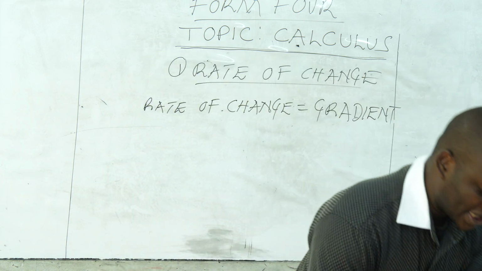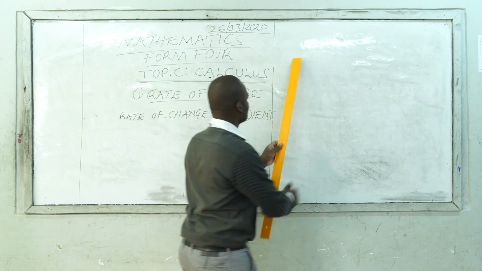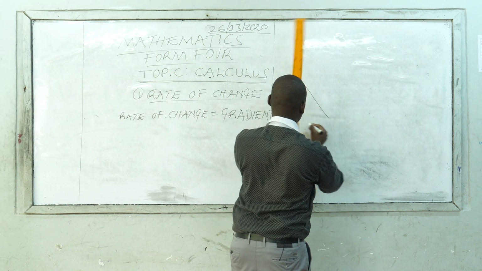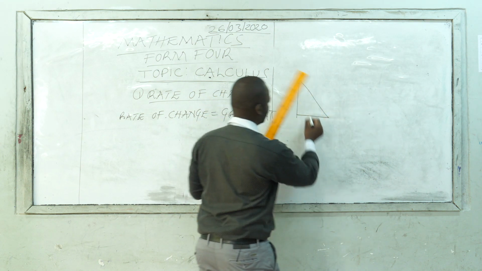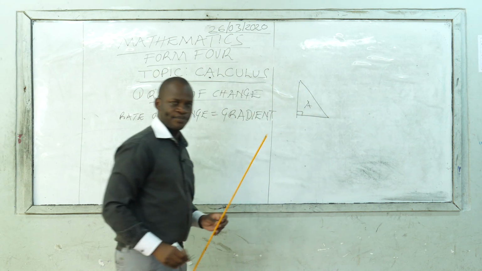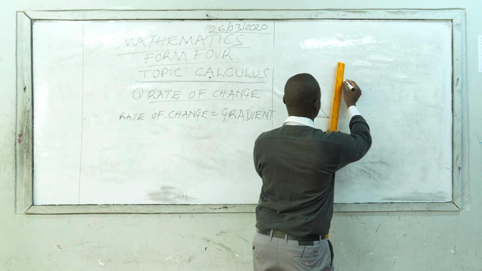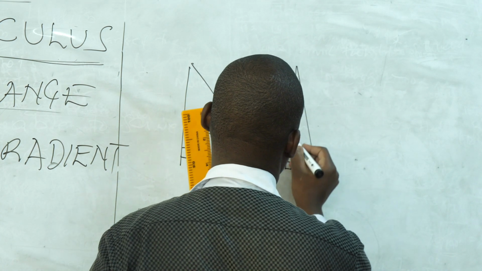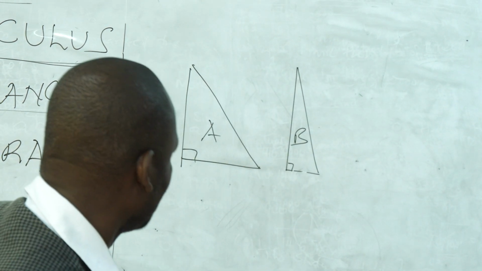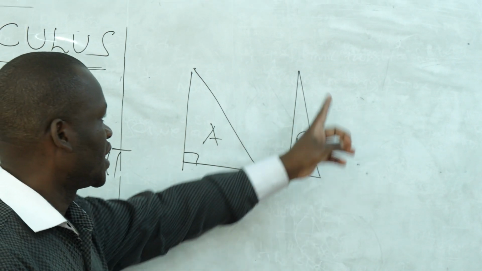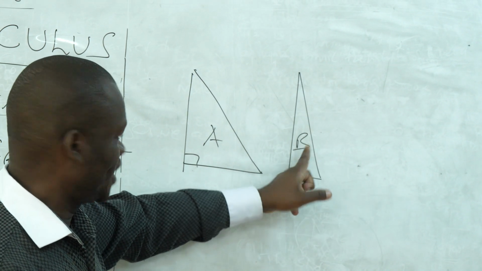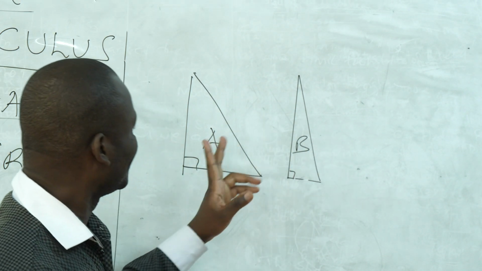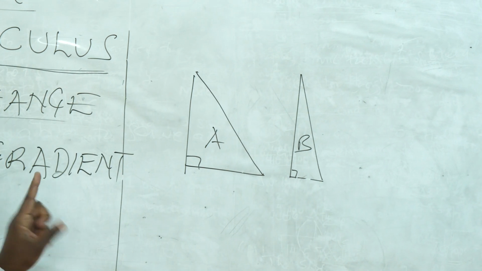So given a slope, for example, I can call that slope A, and then I call this slope B. If you're very keen in terms of their steepness, slope B is more steep than slope A. How we compare the steepness of slopes is called gradient.